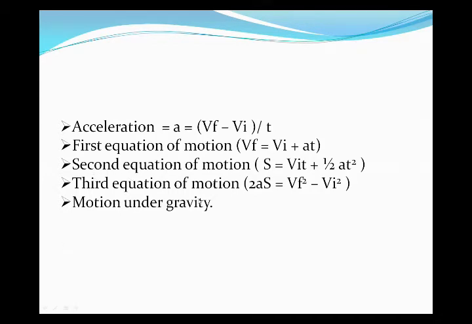Now the third equation of motion is 2aS is equal to Vf squared minus Vi squared. Similarly, 2 is a constant value, while a is the acceleration and S means distance. Vf is final velocity and Vi is initial velocity.